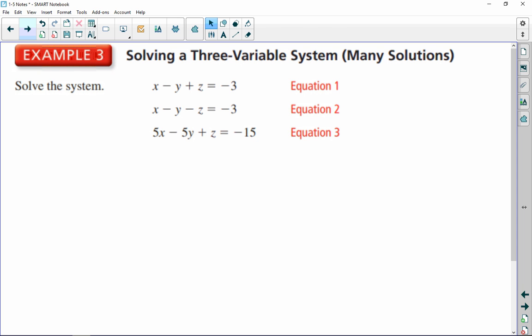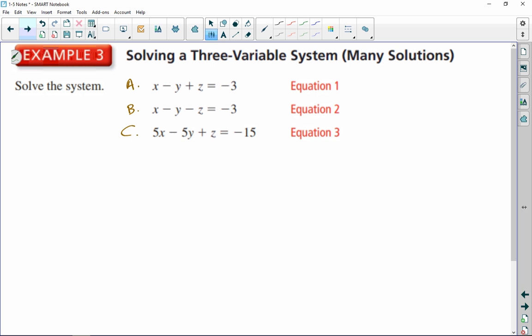Okay, so again, A, B, C, label them. Okay, now which one do you want to get by itself? A, B, or C? I'll just do A again. Which variable? X, right?